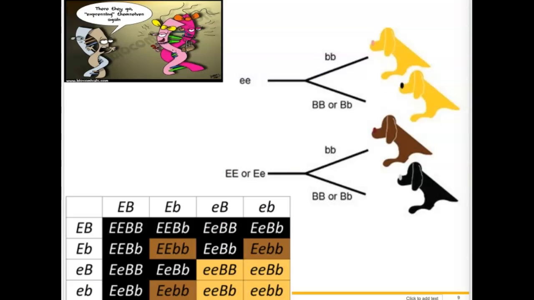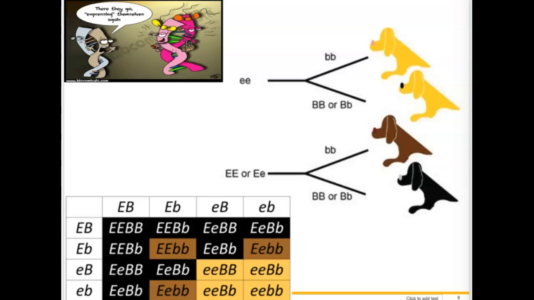Epistasis is another example of a non-Mendelian genetic inheritance pattern. Epistasis is where one gene affects another gene's expression. For example, in dogs, the coat color is controlled by a gene, where black is dominant over brown. In order for this gene to be expressed, another gene for pigmentation must be expressed.